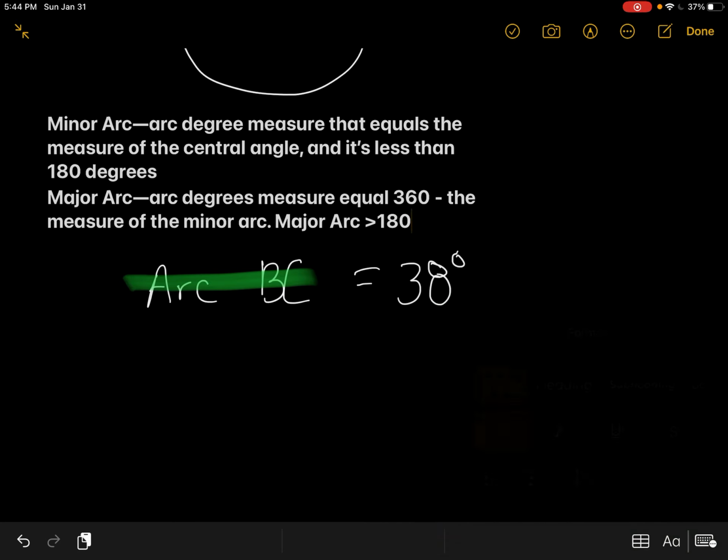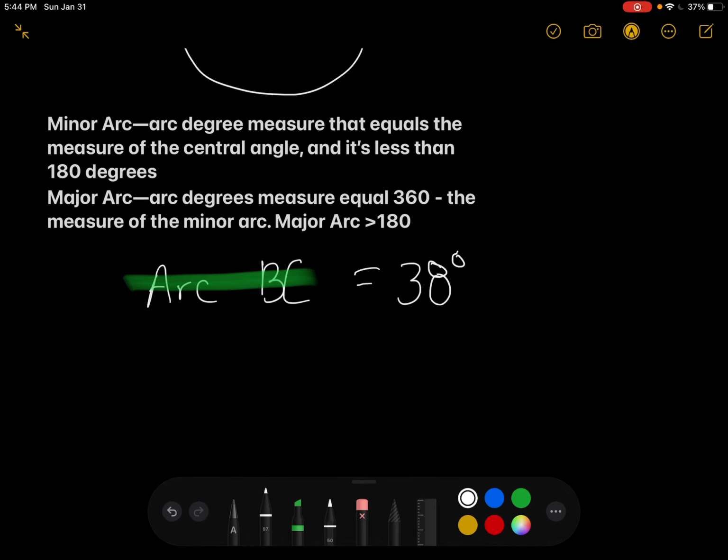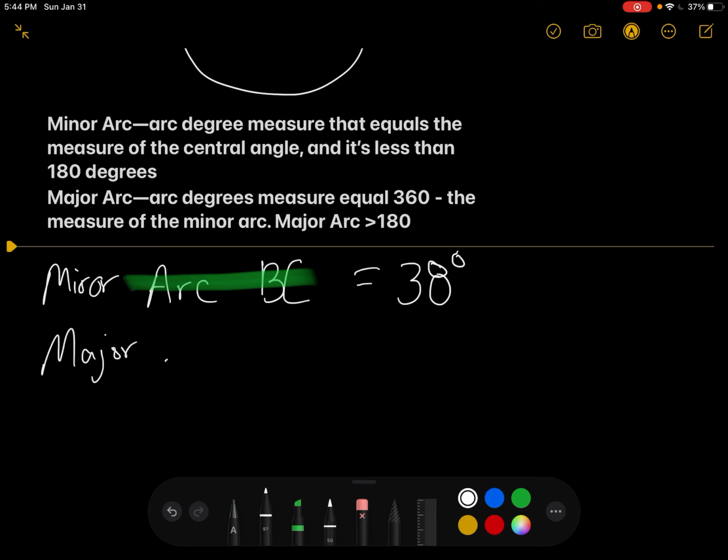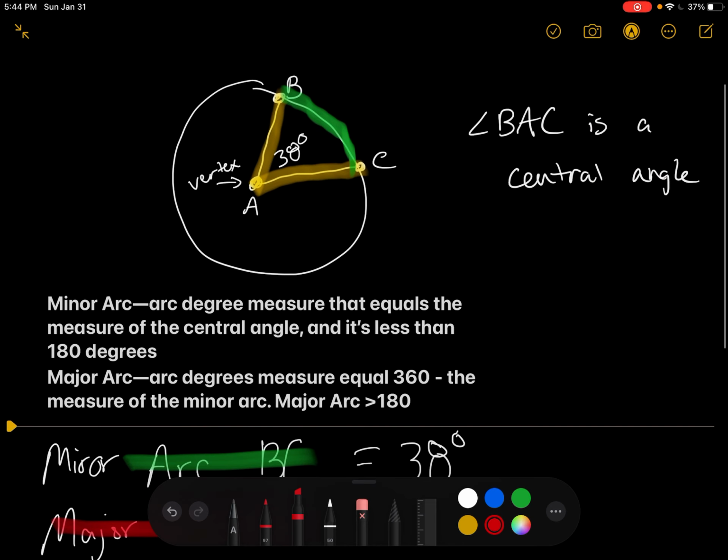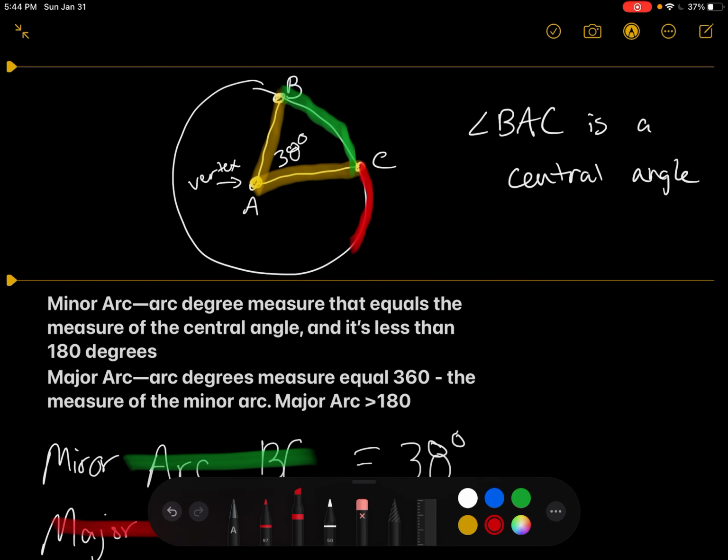So let's be more specific here with our labeling and our points. If we have the minor arc from B to C in green, we can have our major arc from B to C. We'll put this in red. Is going to be from basically everything else. So that entire measure. So a circle is 360 degrees.